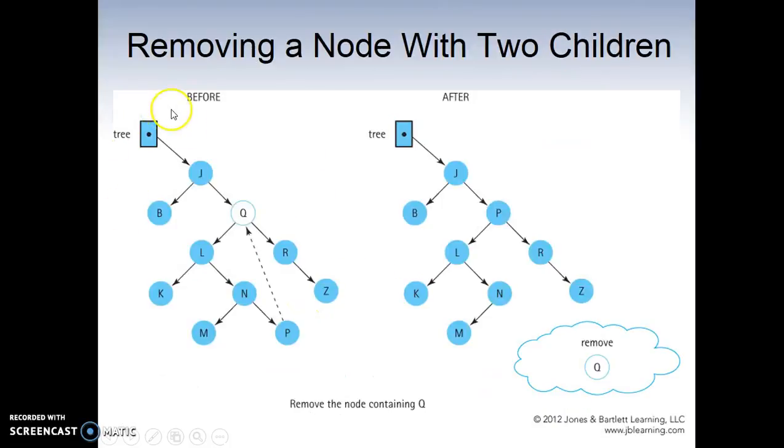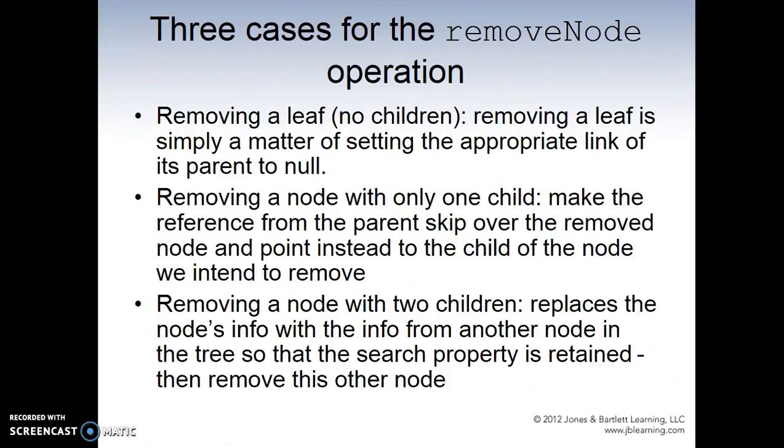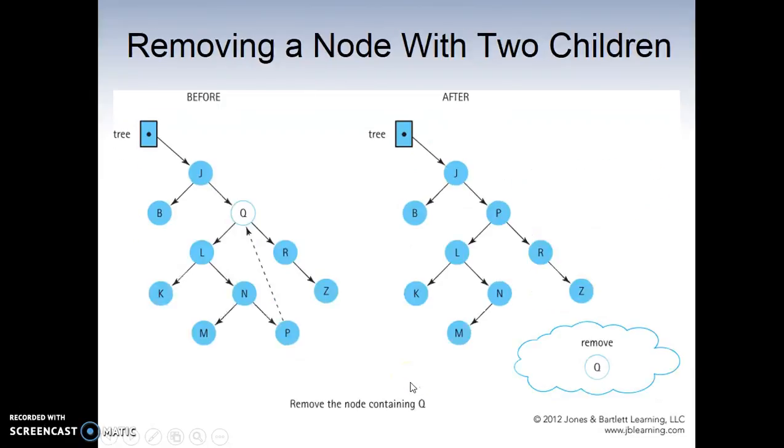So when we remove the node with two children, replace the node's info with the info from another node in the tree so that the search property is retained, then remove the other node. So that's the algorithm.